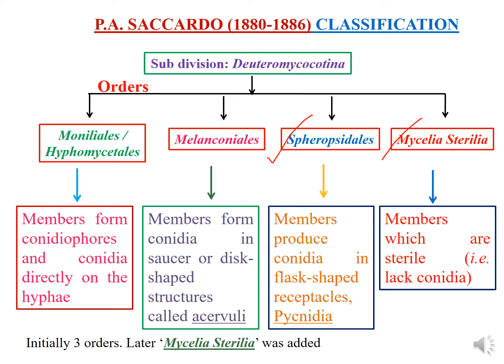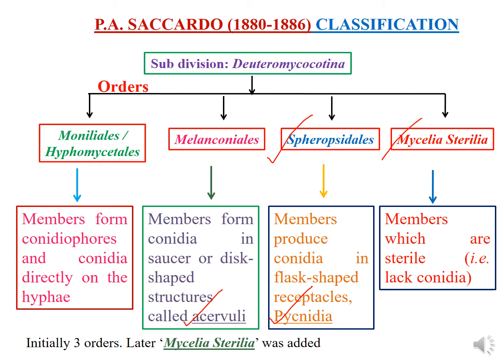Coming to the Melanconiales, the name itself indicates that the conidia are produced in a saucer or disc shaped structure, generally called an acervulus. Under Sphaeropsidales, he included the members which produce the conidia in flask shaped receptacles known as pycnidia. Here under Sphaeropsidales, what is the fruiting body? It is the pycnidium, and in the pycnidium conidia are produced. In case of Melanconiales, the fruiting body is the acervulus.